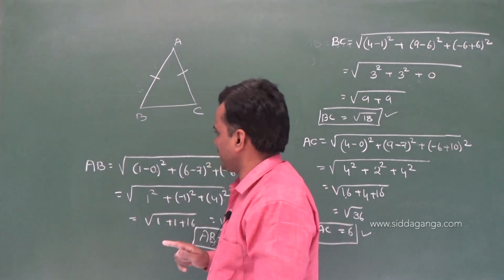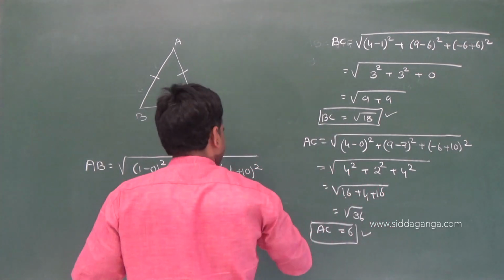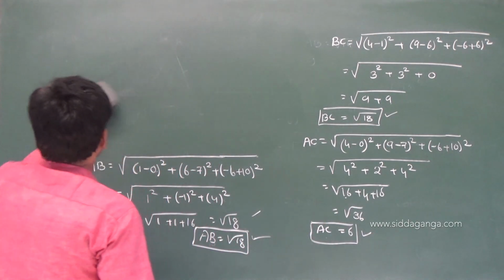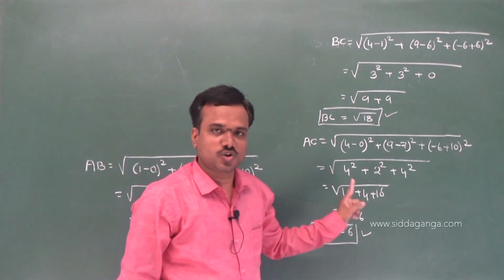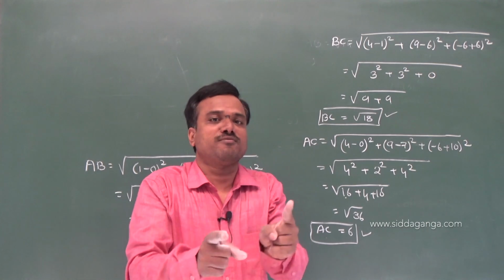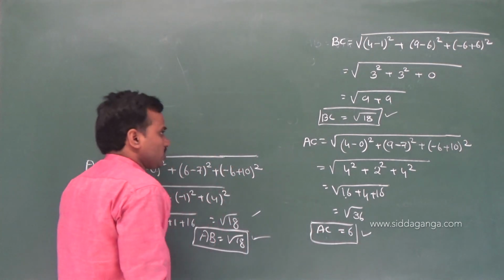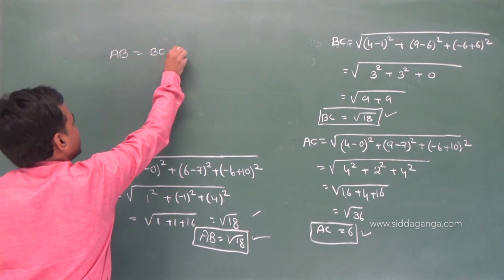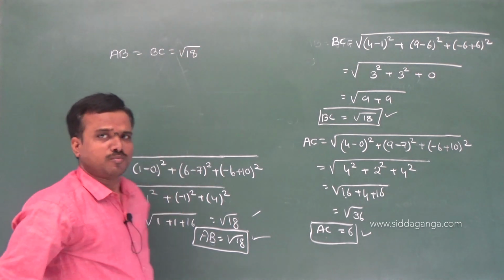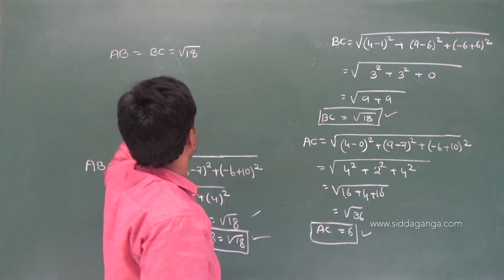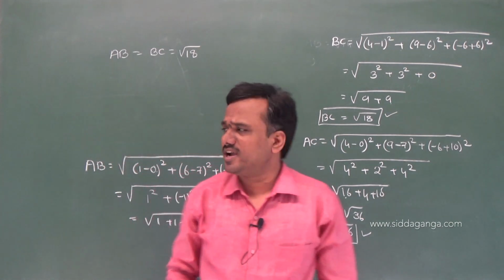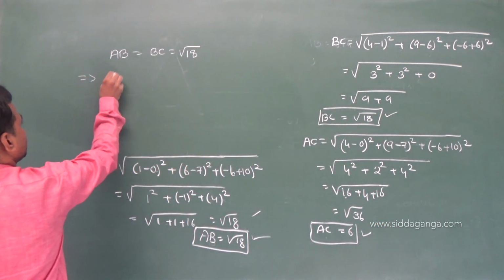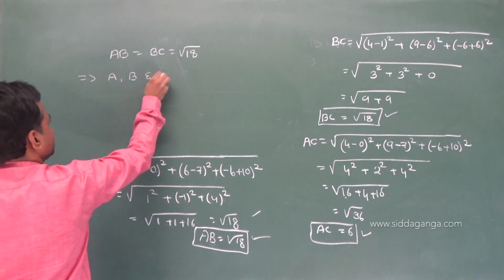Here, among the 3 values AB, BC and AC, if any 2 values are equal. Here AB is equal to BC is equal to root 18.